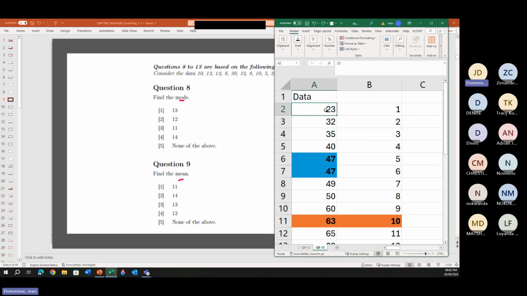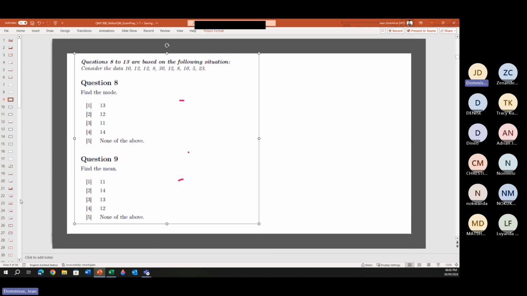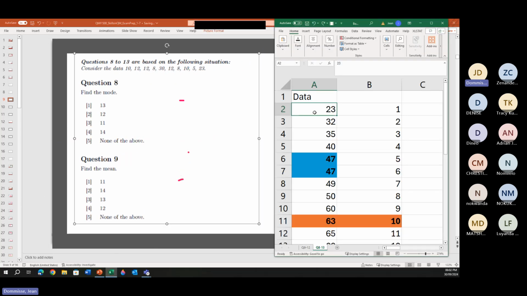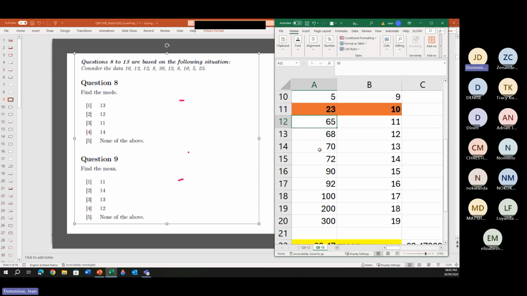Okay, and let's quickly just redo it, and let's just move that to one side where it's easier for me to see. So 10, 12, 12, 8, 30, 12. Okay, so we can nearly see that between 8 and 12 will be our mode because of how many times it appears.